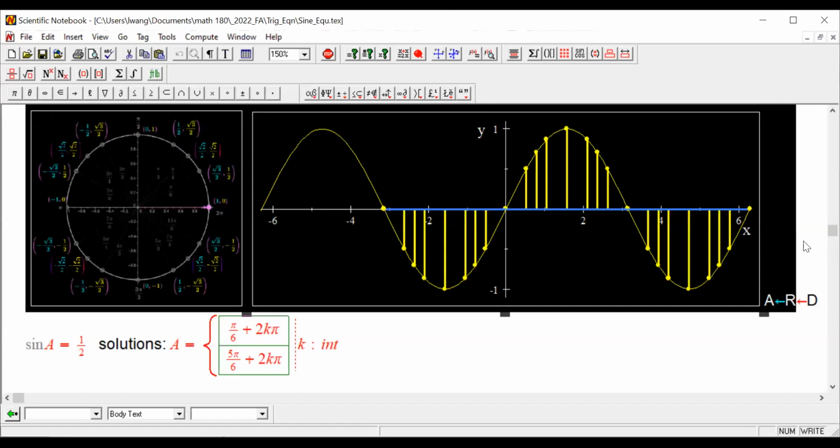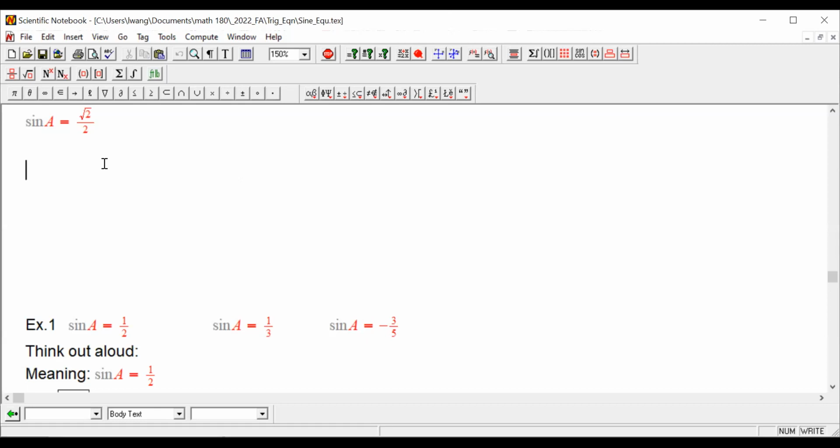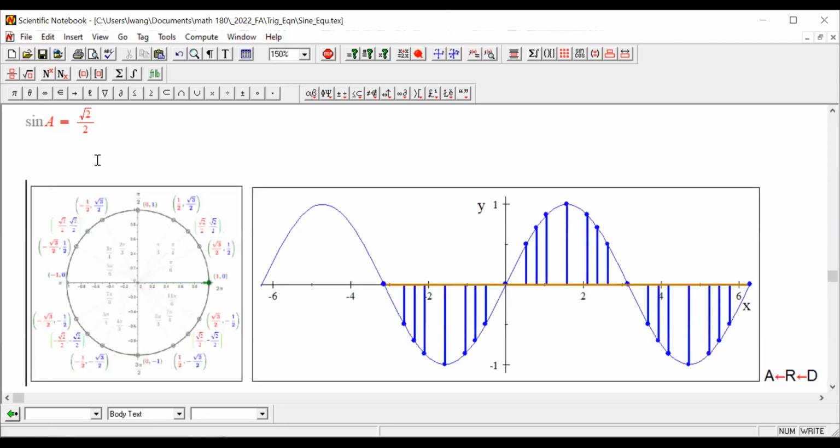Once again, I'm going to copy these pictures and bring them with us. To solve this equation, solve for A. This is an if statement again. Same thing. So what are the terminals? Well, you first have to identify the terminals with the blue root 2 over 2.